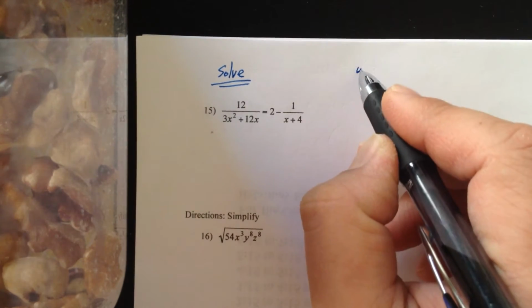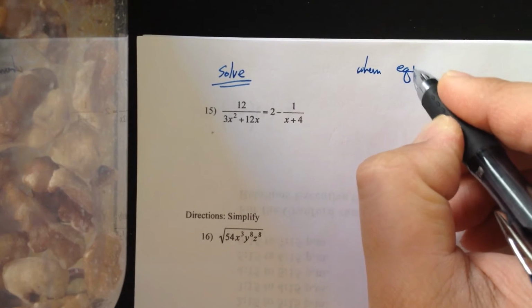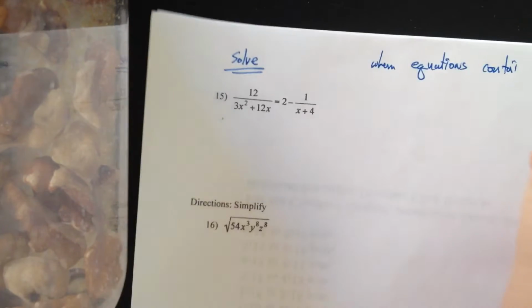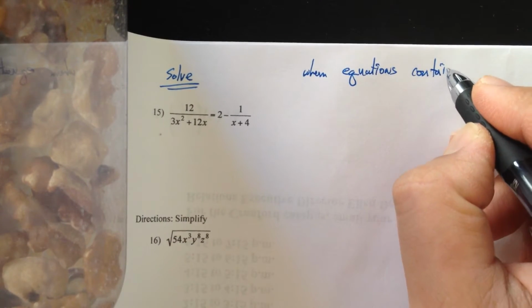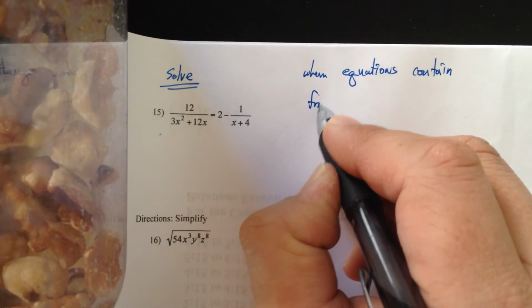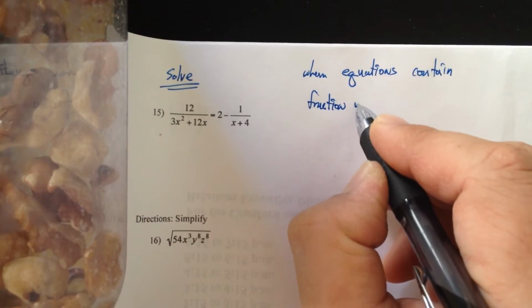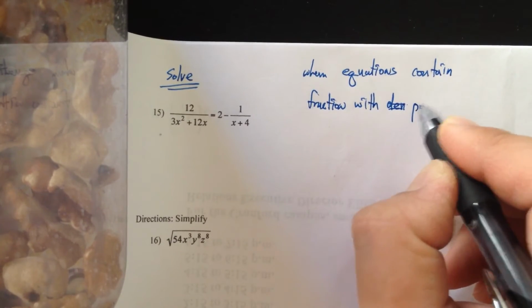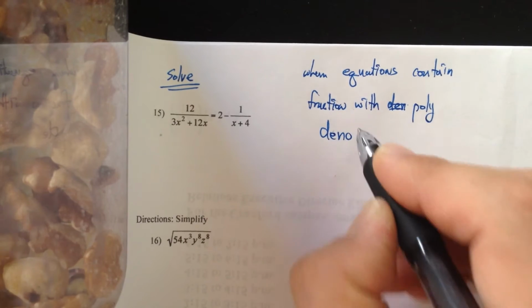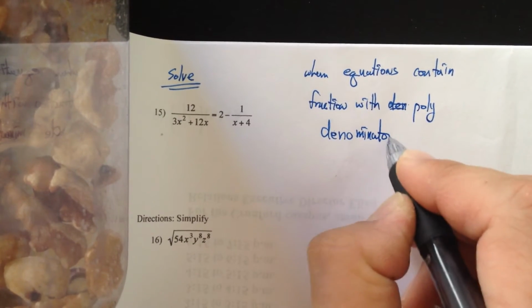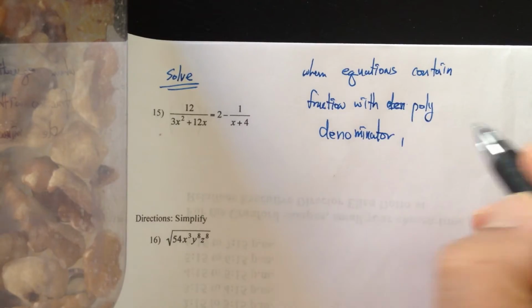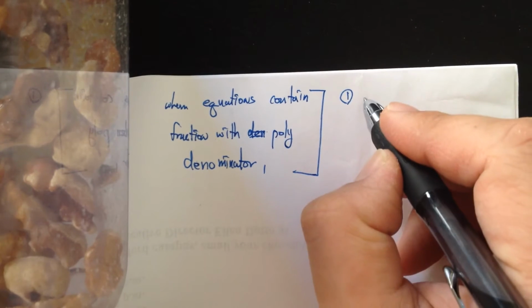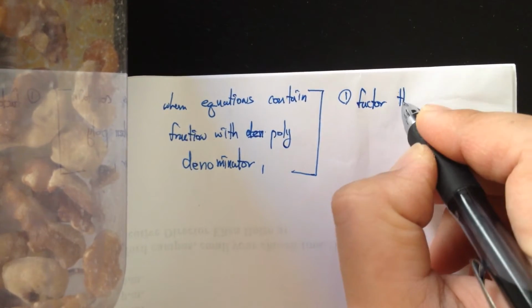Okay, so when an equation contains fractions with polynomial denominators, step number one, factor the denominator.